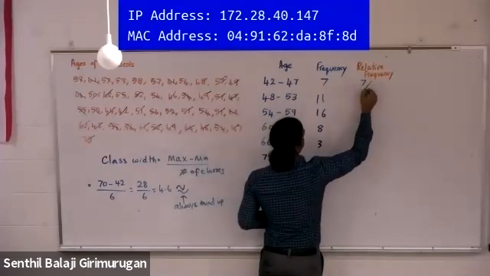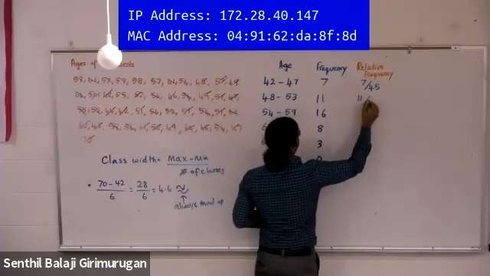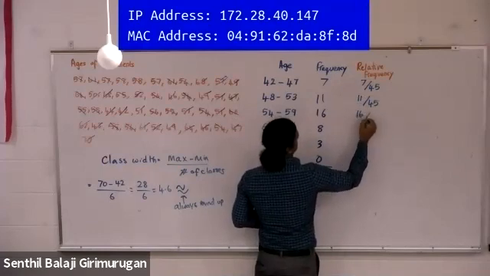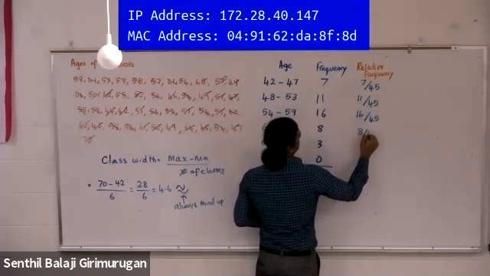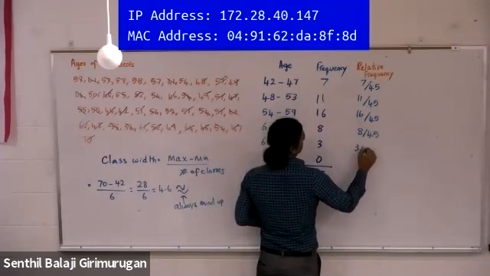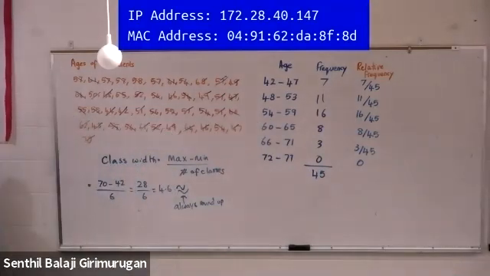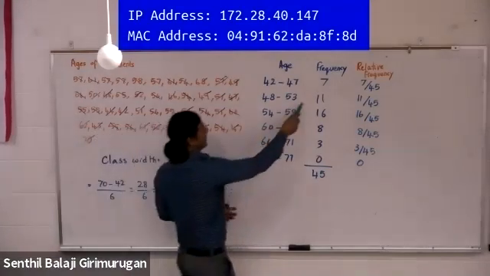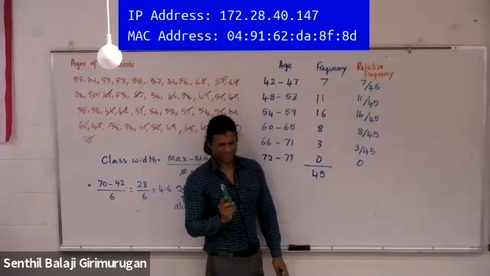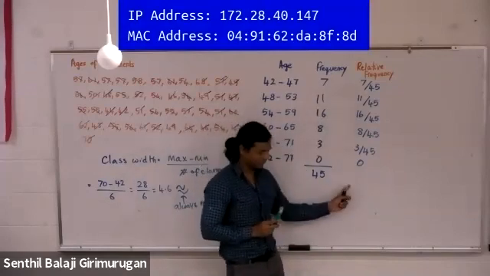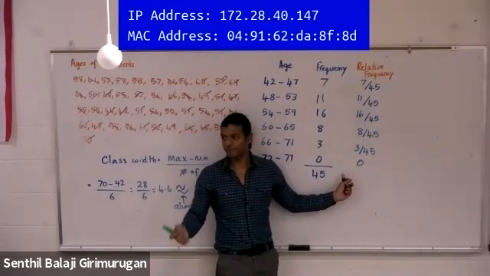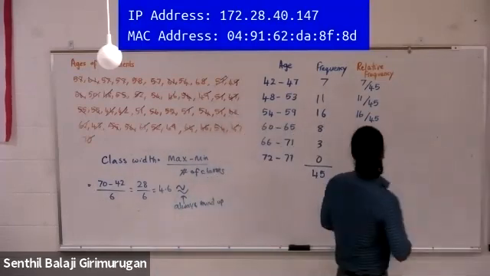So 7 over 45, 11 over 45, 15 over 45, 8 out of 45, 3 out of 45, 0. What would we get if we add all the relative frequencies together? 1. If I add all of these together, I'll get 45 over 45, which is 1.